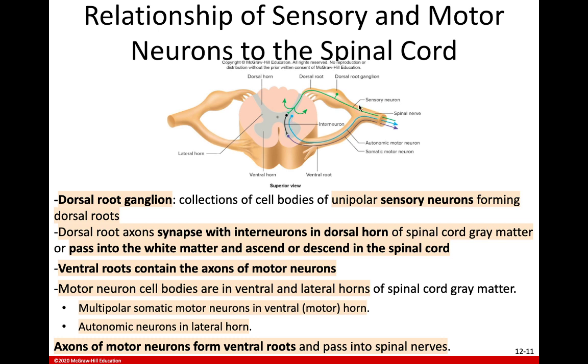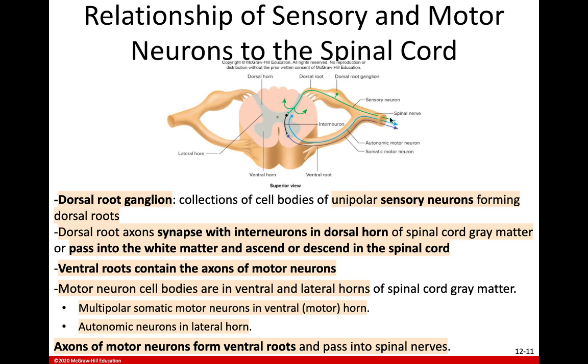So again, basically, guys, what you're going to see here, and we're going to talk about this more in a minute, but you're going to have information coming in on these unipolar sensory neurons. Okay, that information can go up and down the spinal cord. It can go on up to the brain. And then that information can also go here to an interneuron. Okay, and then again, interneurons in the brain and spinal cord, this is where integration happens. This is where information is processed and the response is determined.